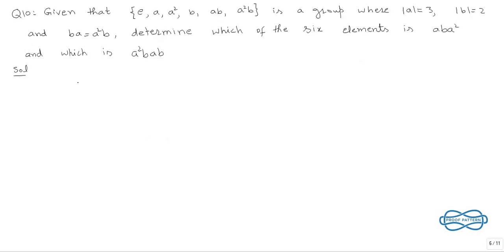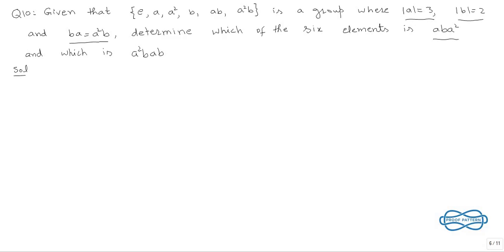The next question is question 10. Given that the group e, a square b, ab, a square b is a group where the order of a is 3 and the order of b is 2 and ab is equal to a square b, determine which of the 6 elements is ab a square.